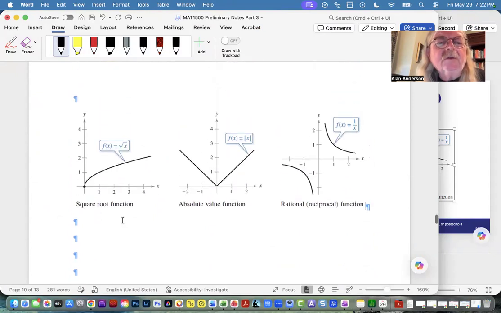We've already seen the square root function. It starts at 0. You notice how it's only restricted to the first quadrant. Our old friend, the absolute value function. We haven't seen this in a while.